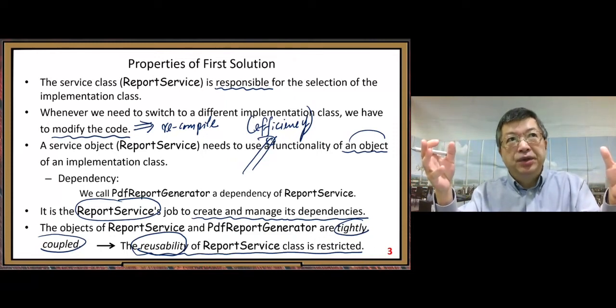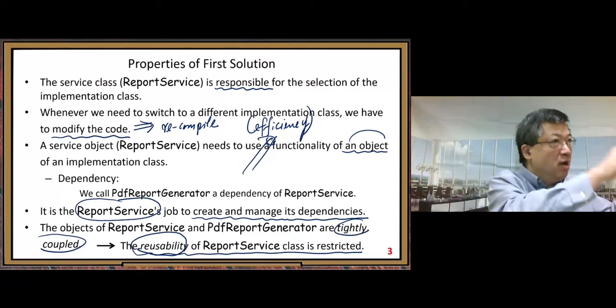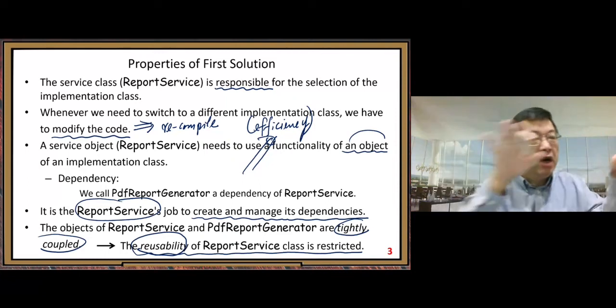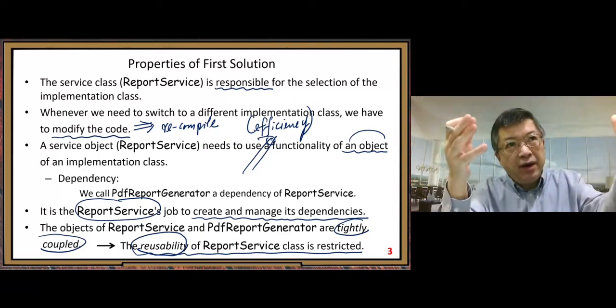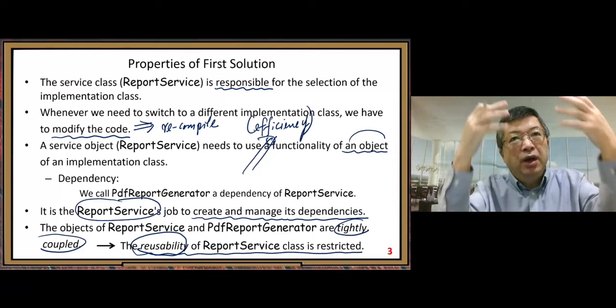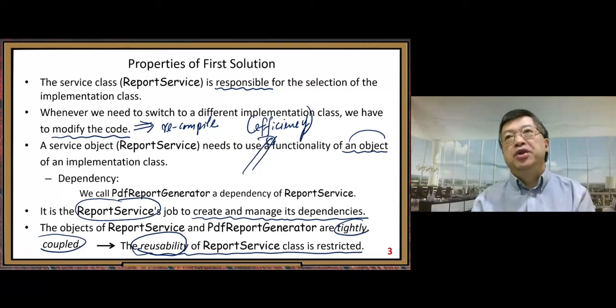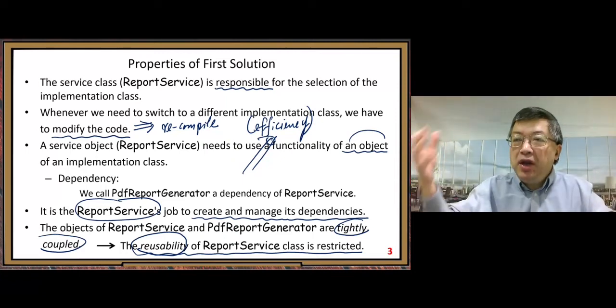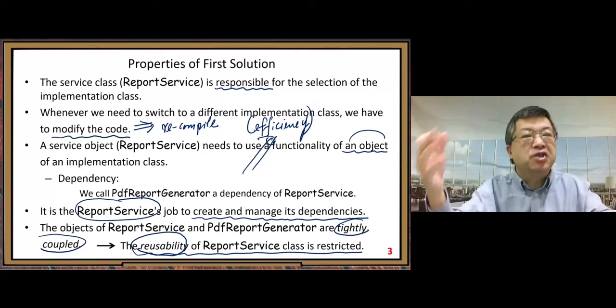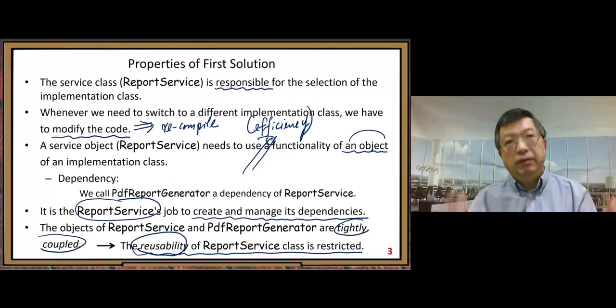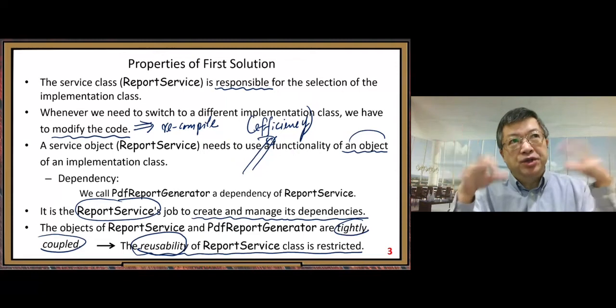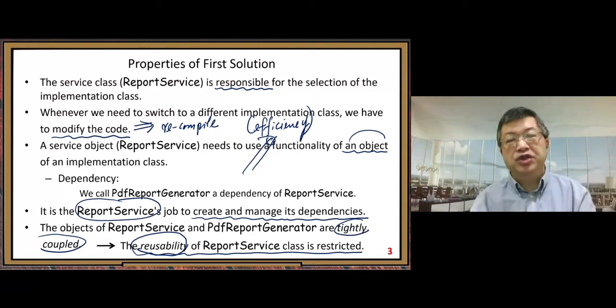So you like to use many existing Java classes and put them together to produce a new project. Use as many existing Java classes as possible. That's the reusability. Also, we try to improve the efficiency of software development.